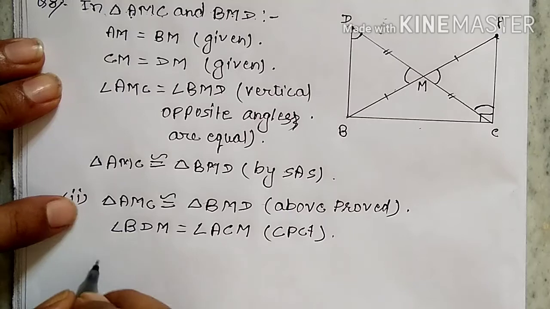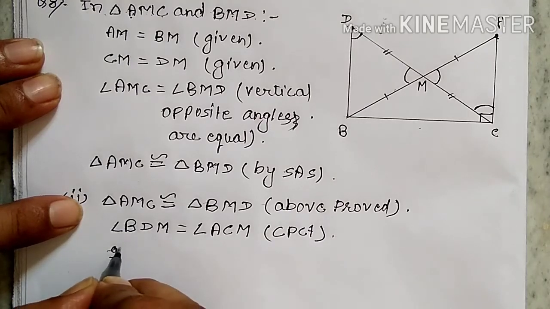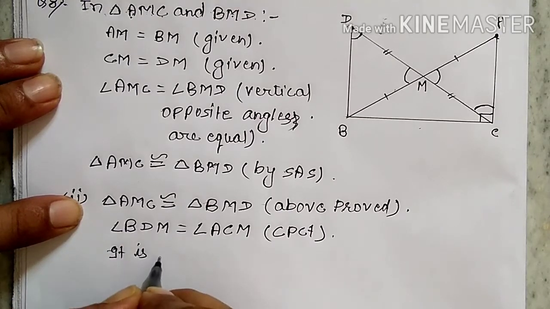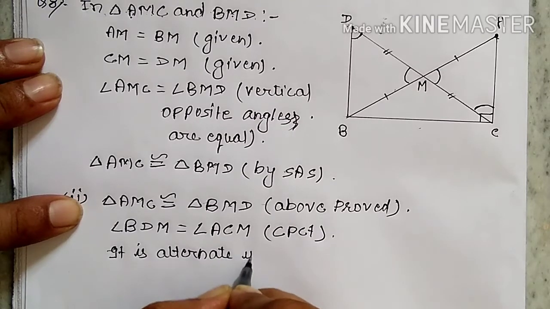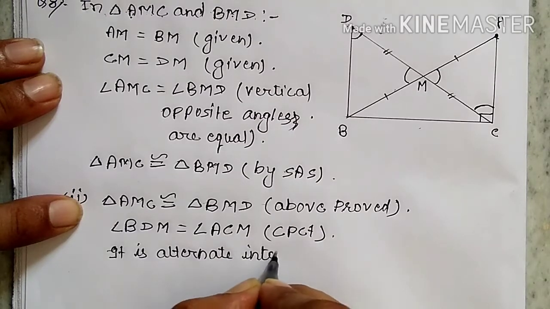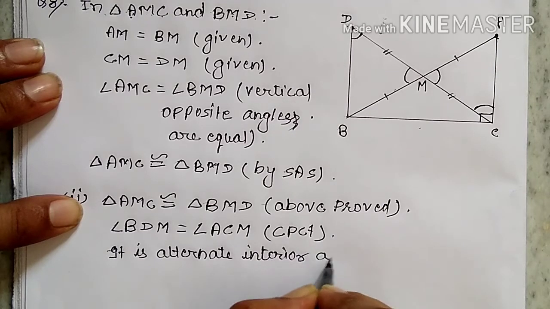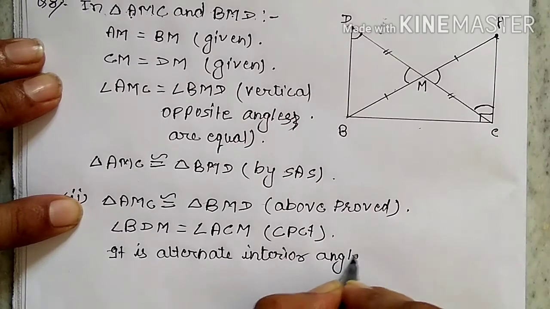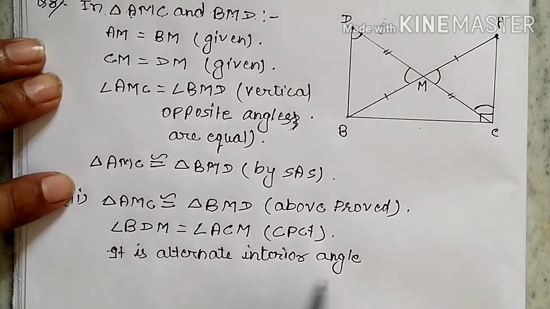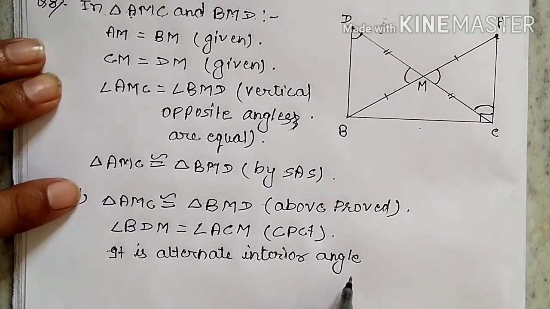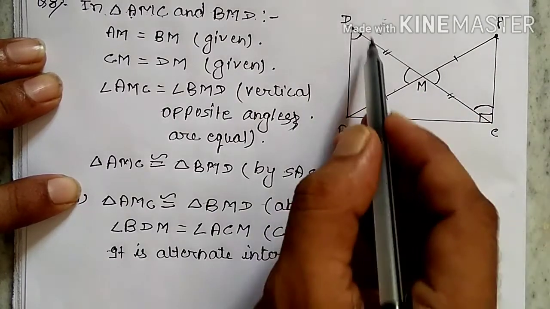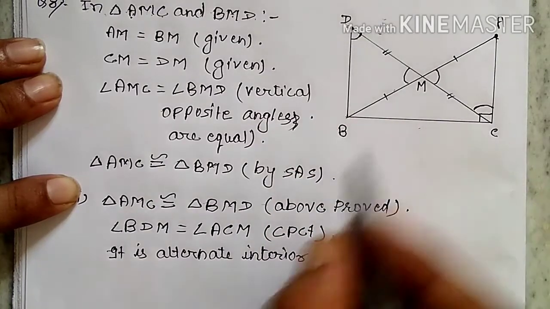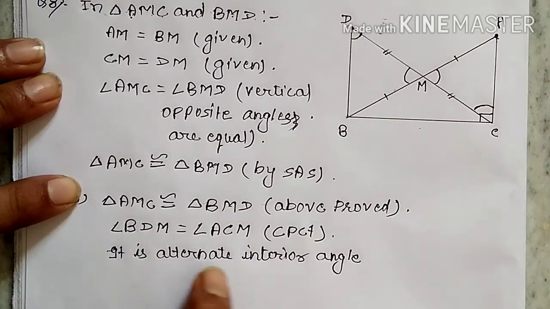And we can say that it is an alternate interior angle. If alternate interior angles are equal, then we can say that BD is parallel to AC, because the alternate interior angles are equal.